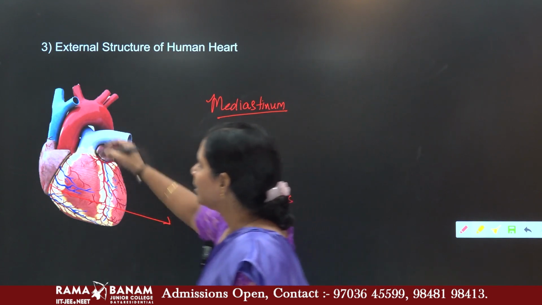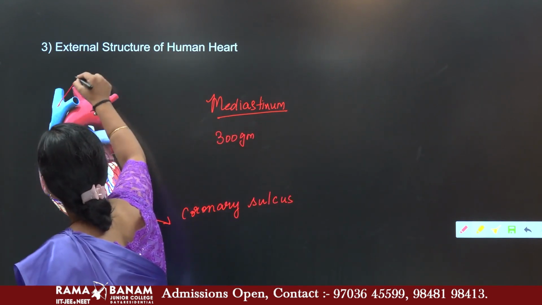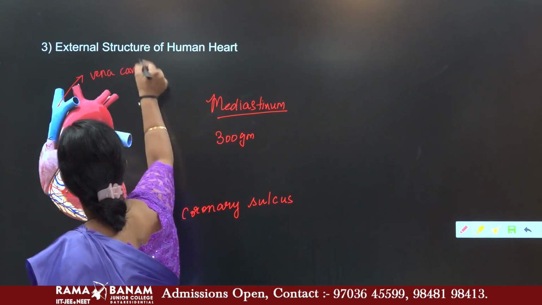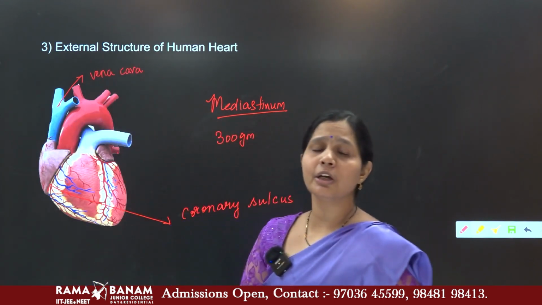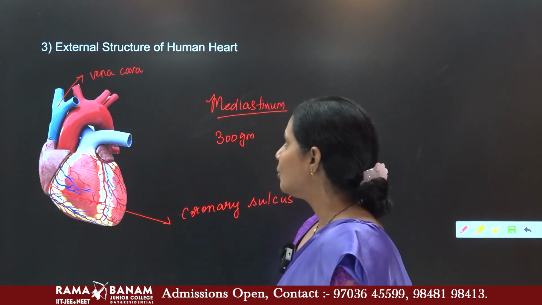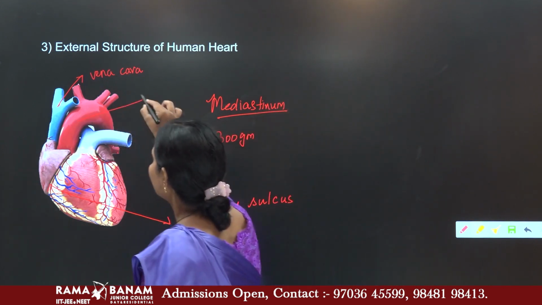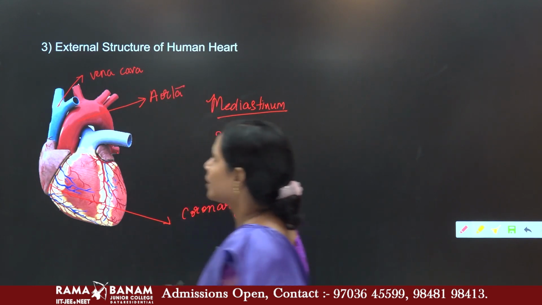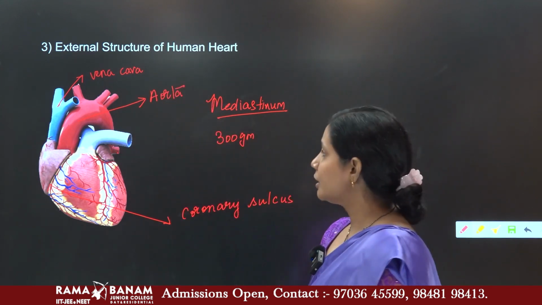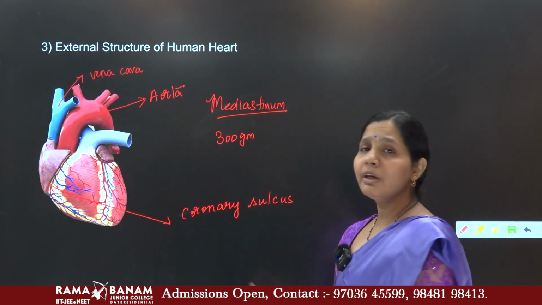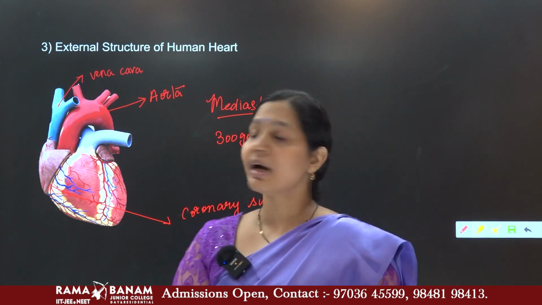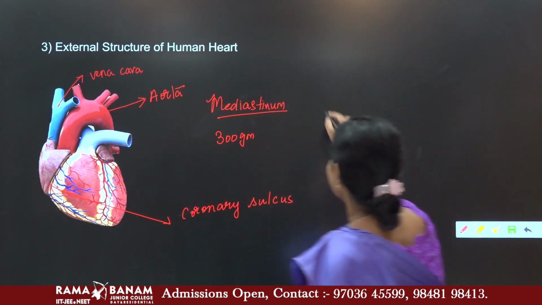And then this is the vena cava, which brings deoxygenated blood from different parts of the body, and this portion is what is known as the aorta, which carries the oxygenated blood, right. So, going into detail with the external structure of the heart, the heart possesses 4 chambers.